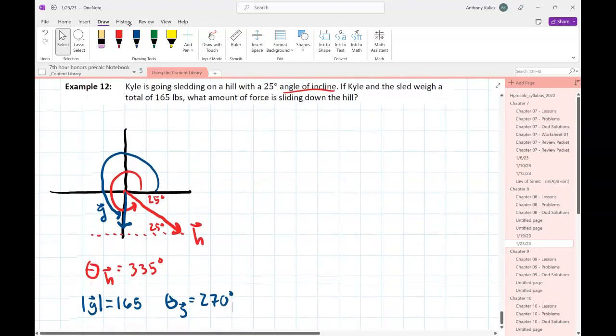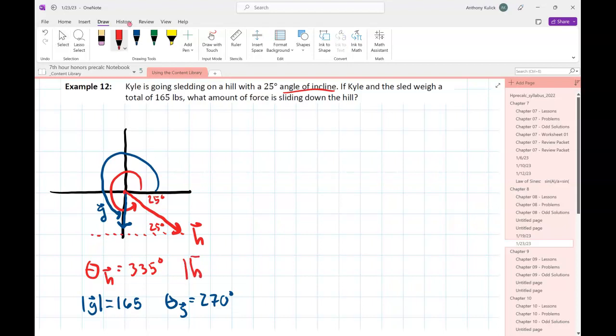All right. Notice what aren't we given any information about? The length of the hill. What am I going to do? Nope, I don't need to find it. I'm just going to assume that it's 1. Because what I'm going to be doing in this problem to find the amount of force going down the hill is I'm going to project my force of gravity onto the hill vector and then calculate the magnitude of that projection.